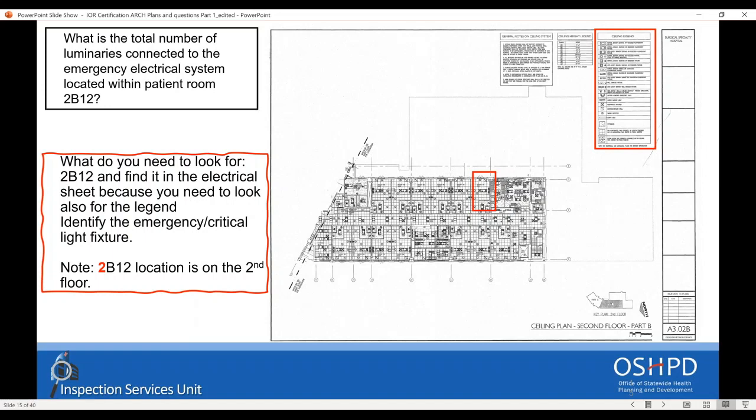On this page, you see a portion of the floor plan, and the legend is on the top right. You can identify where room 2B12 is. Sometimes you might look directly on the reflected ceiling plan, or you might look on other floor plans that are more clear in order to read the room number, and then you jump to the specific plan, like in this case the ceiling plan.